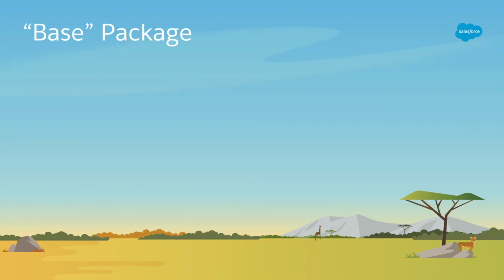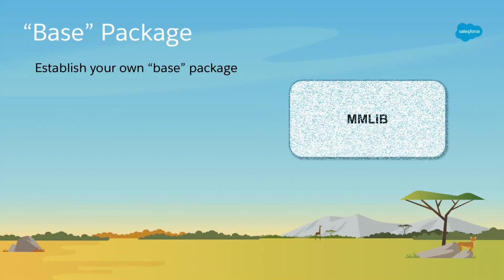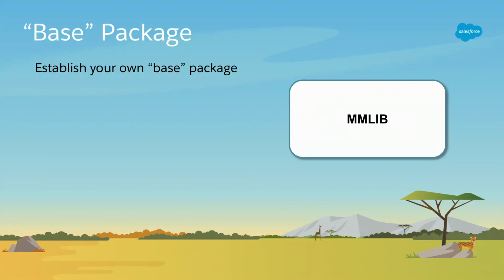As we were starting to pull all this together, we started realizing that we needed our own base package. Now, when I say base package, it might be the lib, it might be the foundation package, whatever name you want to give it, it's basically the crux that everything depends on. For us, it was mmlib, okay, Morgan and Morgan lib.